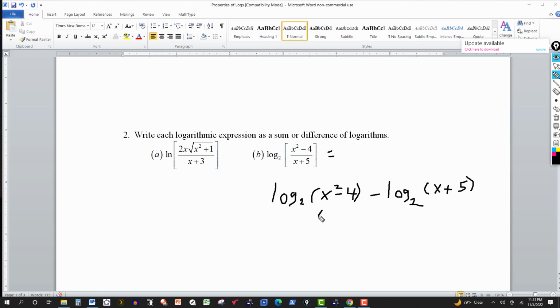But this one actually factors into x minus 2 and x plus 2. Again, I'm using the property, in this case, that states when you have the log of a product, it gives you the sum of the logs of those factors. So in this case, I can write this as the log to base 2 of x minus 2 plus the log, this is x plus 2.